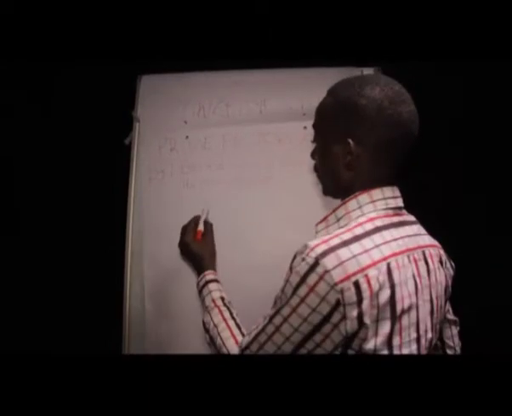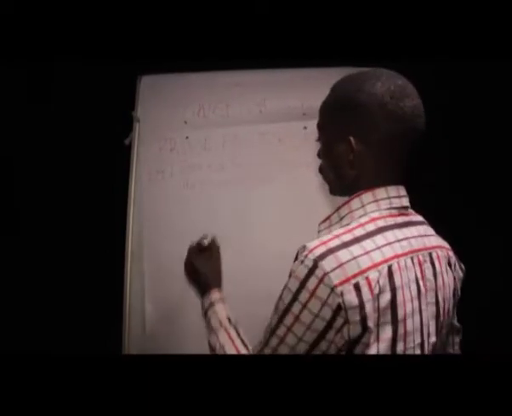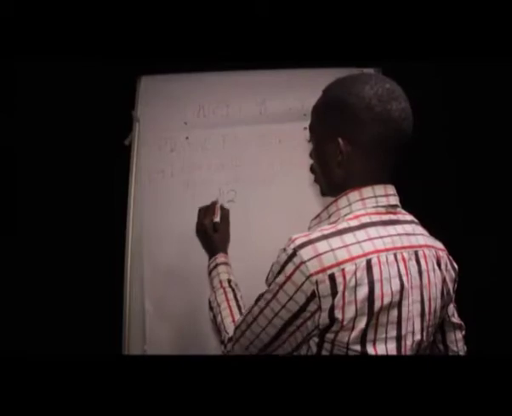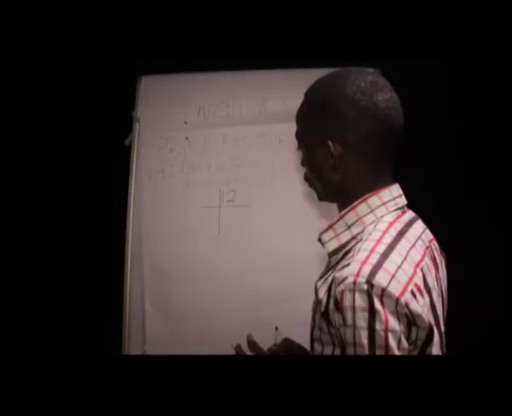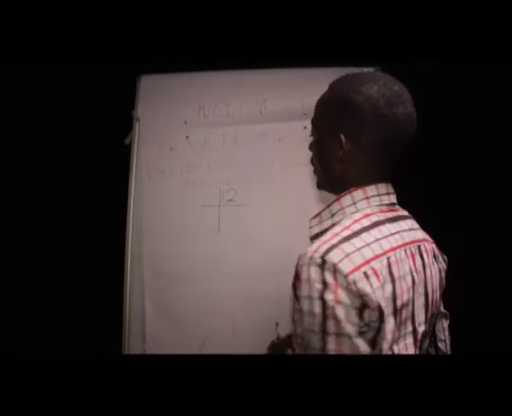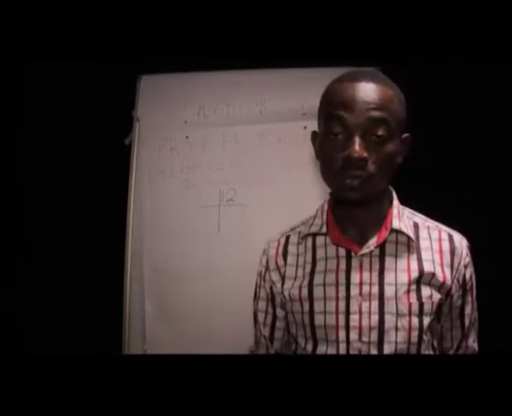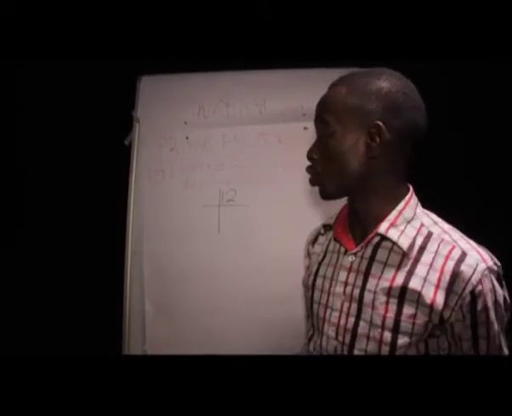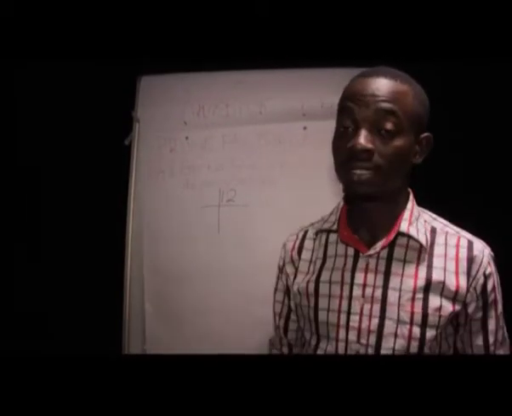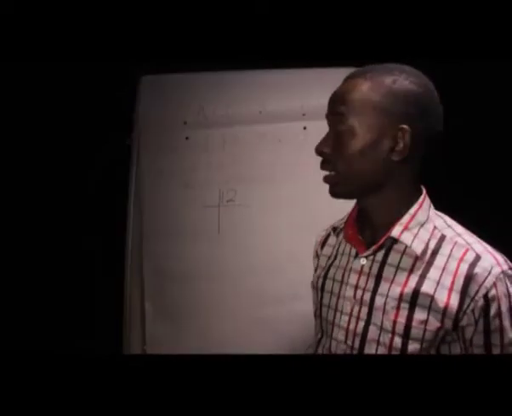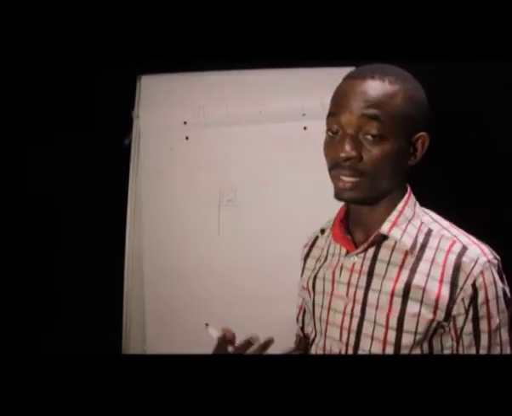I'm going to divide 12 by 2. Is 12 divisible by 2 first of all? The answer is yes, because when you get 12 divided by 2, you get 6 remainder 0. So 12 is divisible by 2.